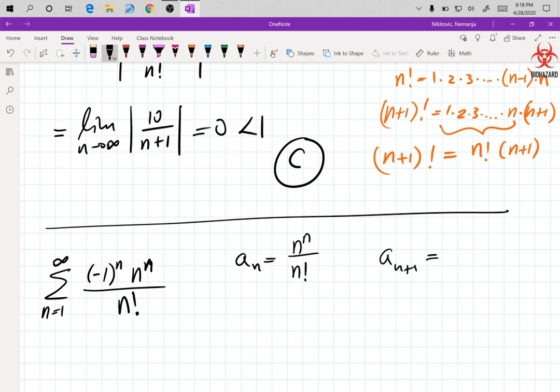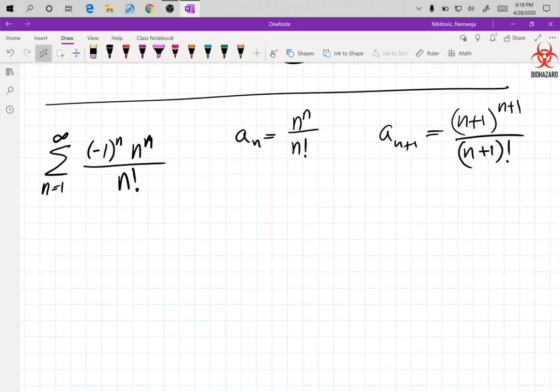Okay, make a n plus 1. That's going to be (n plus 1) to the n plus 1 over (n plus 1) factorial. Limit as n goes to infinity. Absolute value is the one that would kill both (-1) to the n and (-1) to the n plus 1, so we don't have to worry about those.